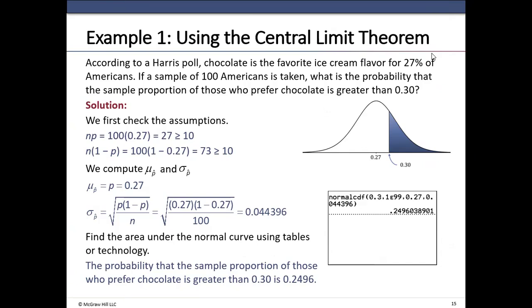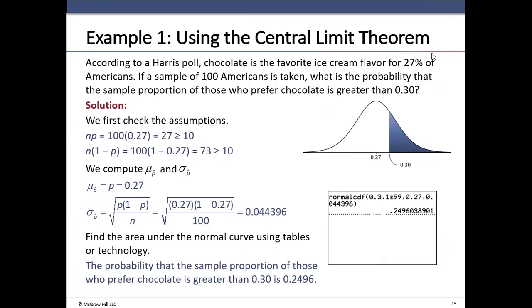Why do we check these two calculations? Because we want to make sure that we can use a bell-shaped distribution for the sampling distribution of p hat. Next, we compute mu p hat. I told you mu p hat equals p, which equals 0.27. How about sigma p hat?